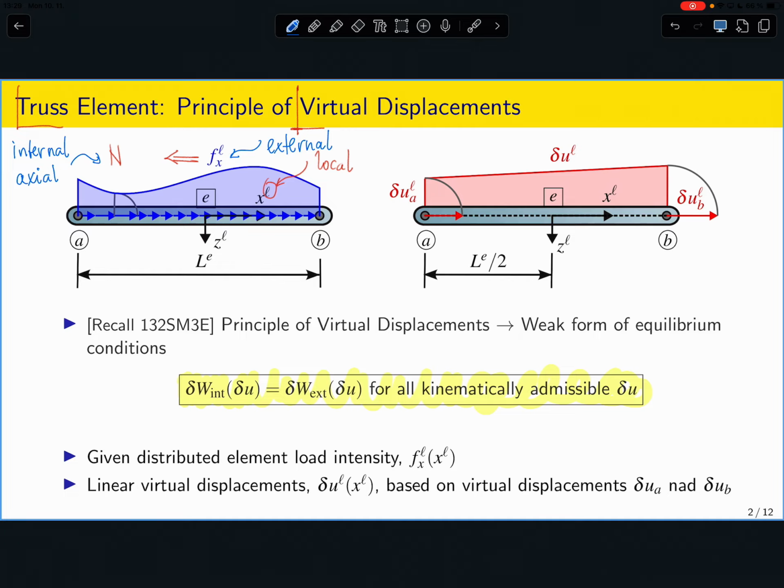So this is the problem which I'm solving at the moment, plus some extra information.